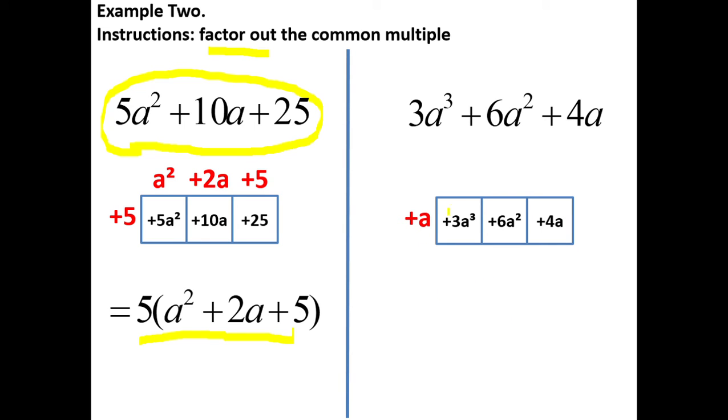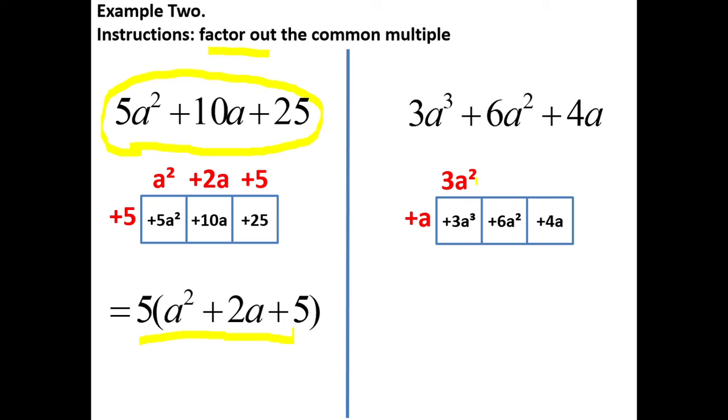So A times what gives us 3a squared? When we multiply a's together, we're going to add the exponents. So a to the 1 times what would give you a to the 3? Well, it's going to be a to the 2 up here, because 2 plus 1 is 3. But we're also going to need a 3 up here, because there's a 3 here in the answer. So we're going to need 3a squared.